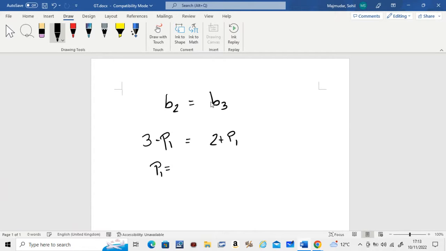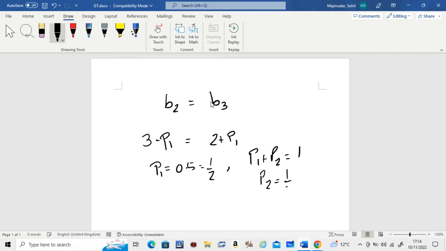We get P1 equals 0.5, or half. Okay, so we found the probability P1 to be half. Similarly, we know that P1 plus P2 equals 1.